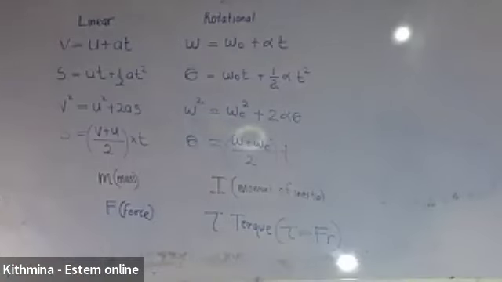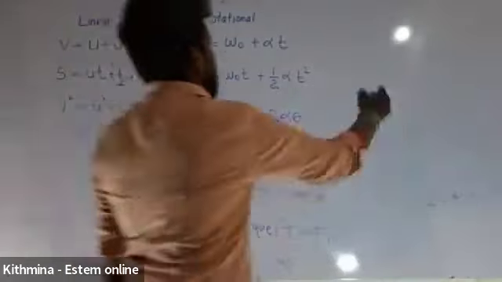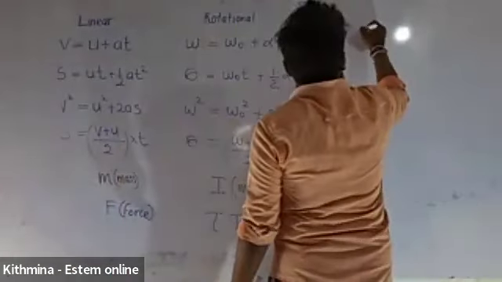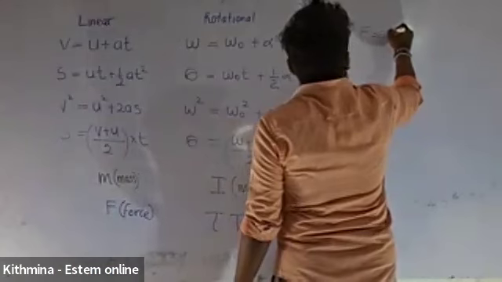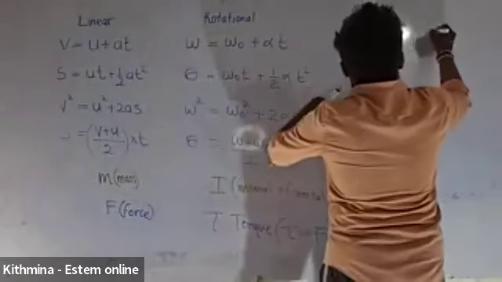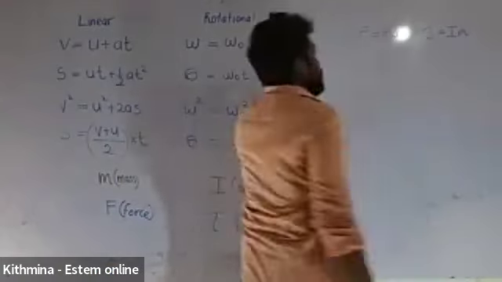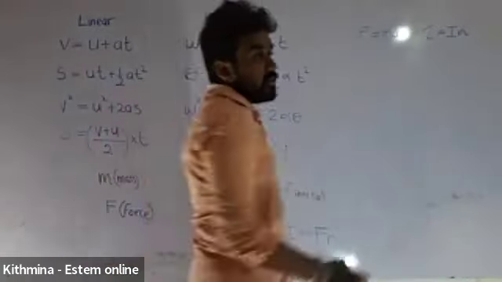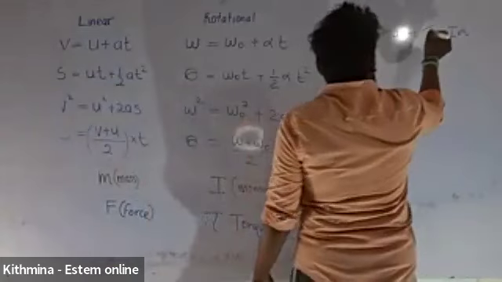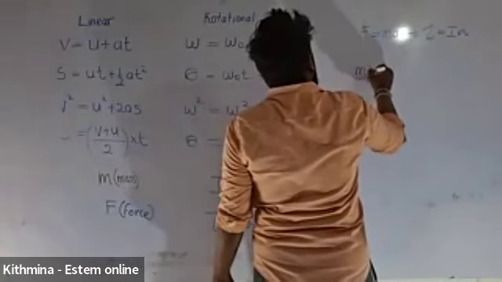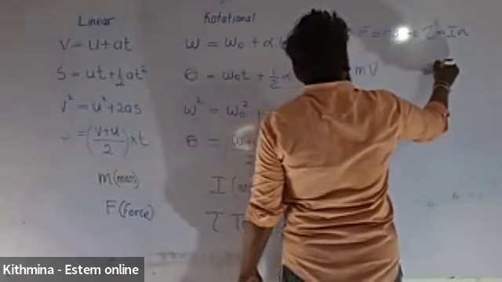Then we can write that F equals Ma. When converted to rotational, it is tau equals I alpha. Linear momentum is mass into velocity. What is rotational momentum?